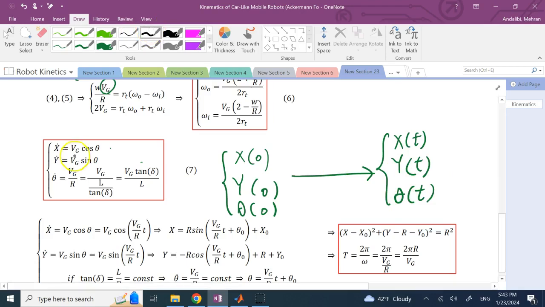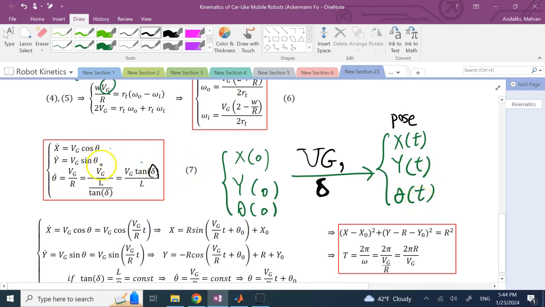The inputs are VG, which is coming from the accelerator and the gearbox, of course, the combination, as well as delta, which is coming from the steering mechanism. So by the combination of accelerator and gearbox, and by the steering of the steering wheel, starting from any initial position, you can calculate your future position or future pose in general. This is the pose of the robot, because you have both position and orientation.